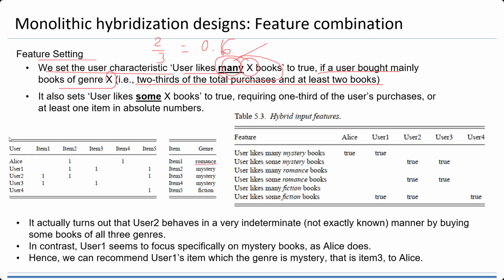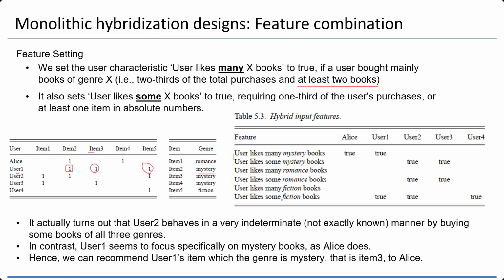Or because this is a small data, so at least two books. So if user one, let's say, bought item two, mystery, item three, mystery, item five, fiction.